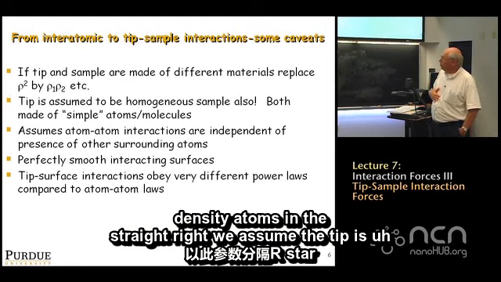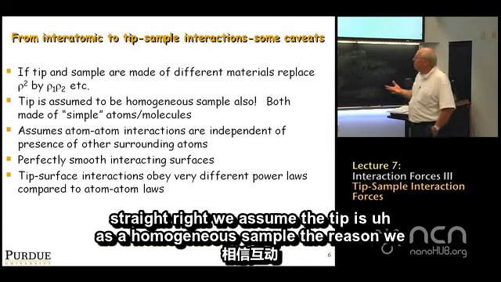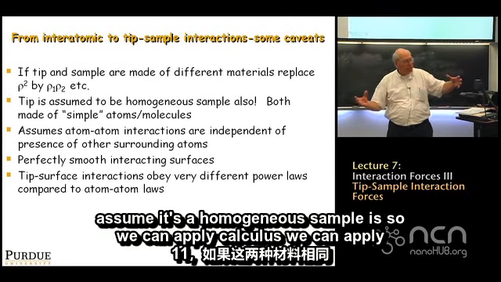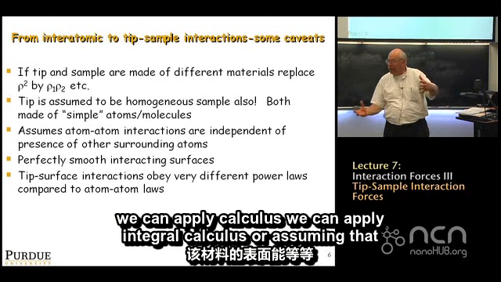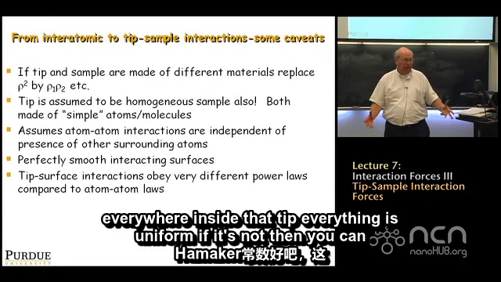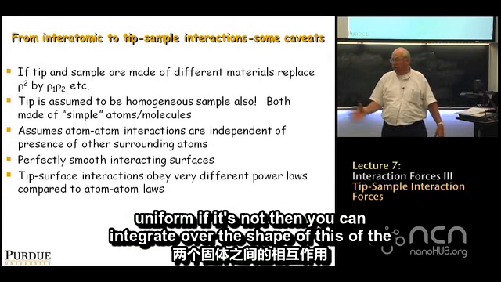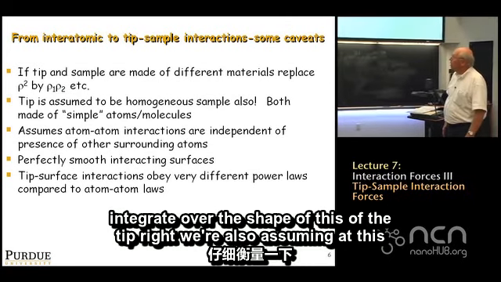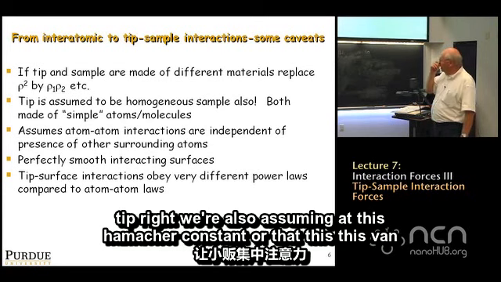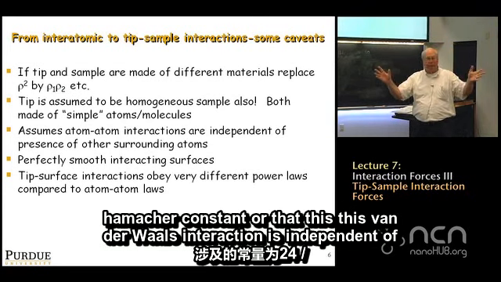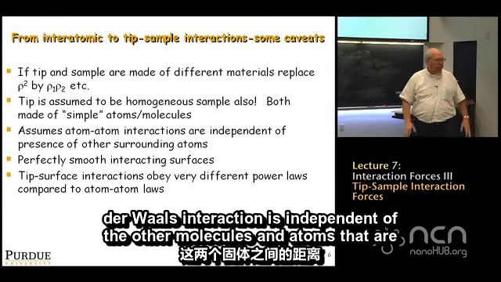We assume the tip is a homogeneous sample. The reason we assume it's a homogeneous sample is so we can apply integral calculus. So we're assuming that everywhere inside that tip, everything is uniform. If it's not, then you can't integrate over the shape of the tip, right? We're also assuming that this Hamaker constant, or this van der Waals interaction, is independent of the other molecules and atoms that are around.